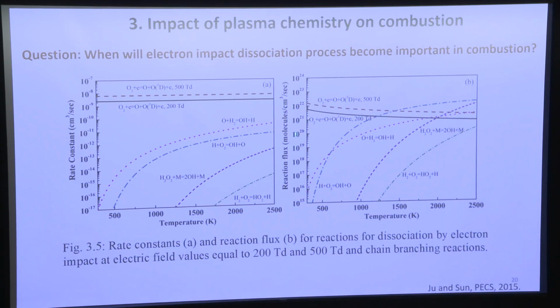If we plot the reaction flux of this plasma chemistry versus combustion chemistry, pay attention to this. This is the H plus O2 reaction, you can see from here. This is the dominant reaction in combustion.